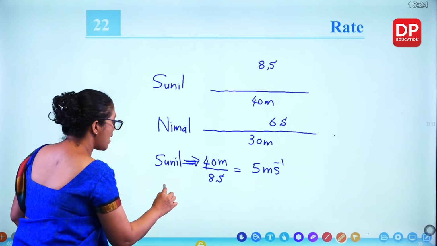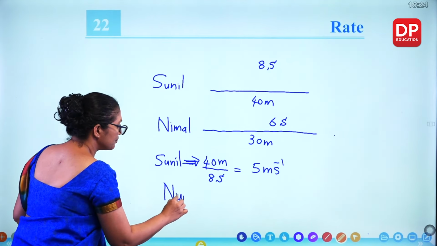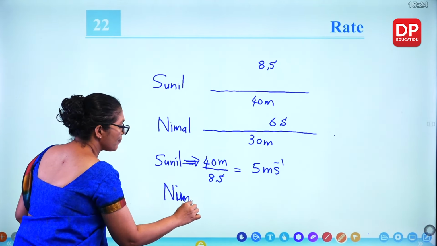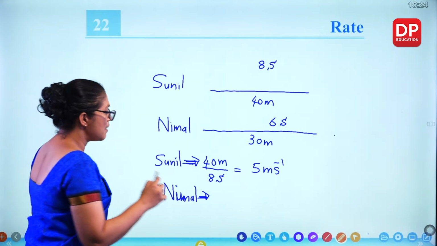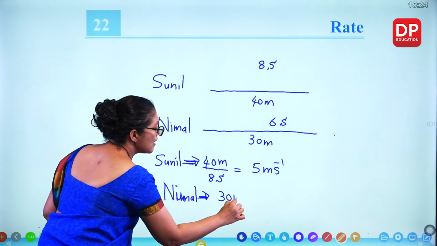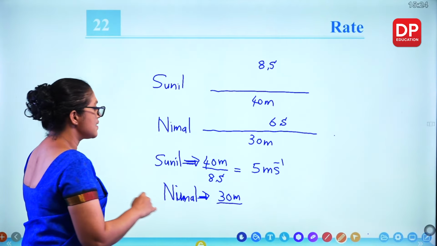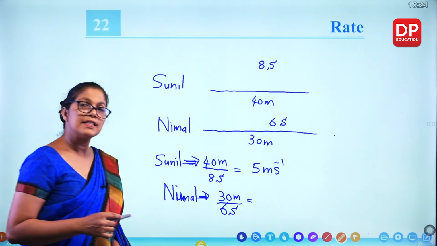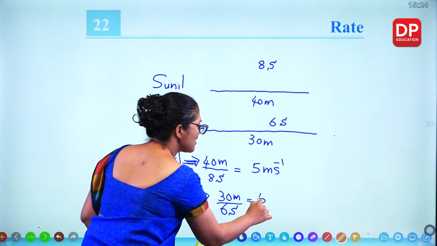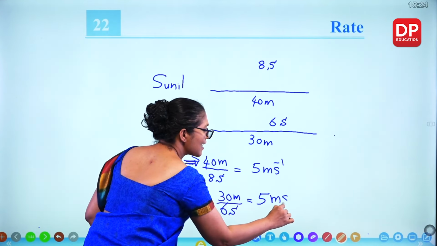If you take Nimal, he runs 30 meters within 6 seconds. 30 divided by 6, you get 5 meters per second.